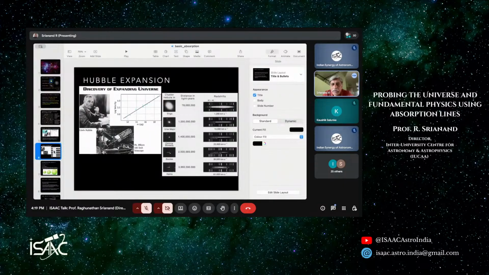Nowadays we do this experiment much more precisely. I will not go into that, I'm just explaining. When he plotted distance versus speed, he found that the further the objects, the higher the speed at which they are moving away from us. Of course, this moving away is not a good picture to take, because making an object like a galaxy move at such a high speed is not possible.